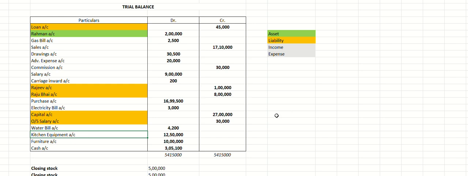See, there is one common mistake that people make. They don't understand the difference between an expense and an asset. I have heard people asking, we have spent money to buy kitchen equipment, then why is kitchen equipment not an expense? There is a difference between expense and asset. When an expense is made for the long term, it is called our asset.